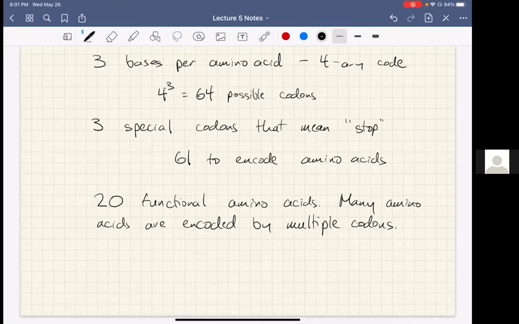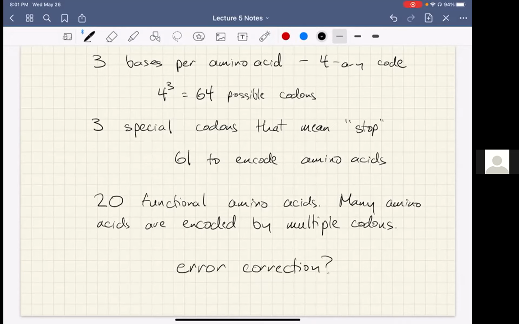Others are encoded by as much as 6. It's actually not super clear why, but it seems clear that there's some sort of error correction step happening here. It would be cool if someone could figure out from the perspective of either communication or information theory exactly why that is, and why some are encoded with a large number and some are encoded with a small number. So that would be a neat question for maybe someone in this class to answer.